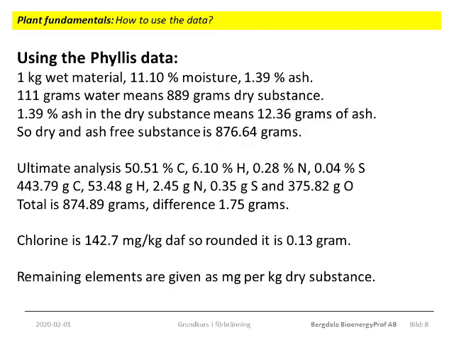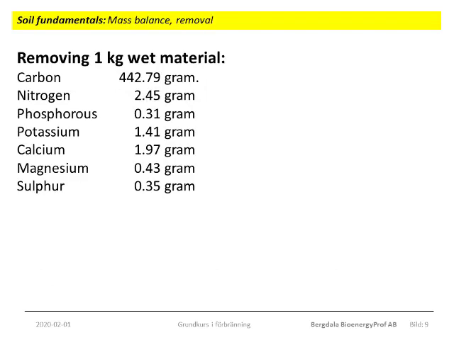So let us now look at a few elements and set up the mass balance when 1 kilo of wet material is extracted from a certain area. In this slide I have put up the amounts of some elements that are withdrawn as 1 kilo of wet material is extracted from a land area.